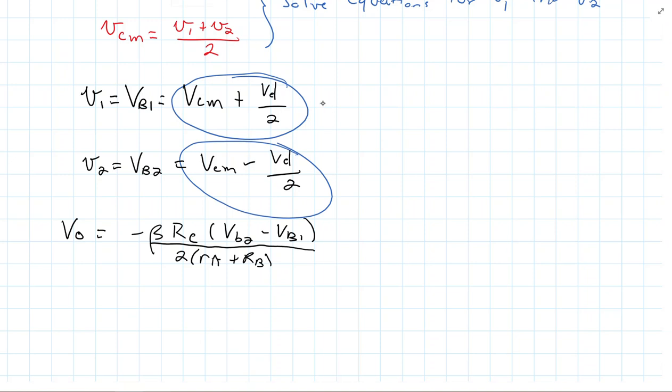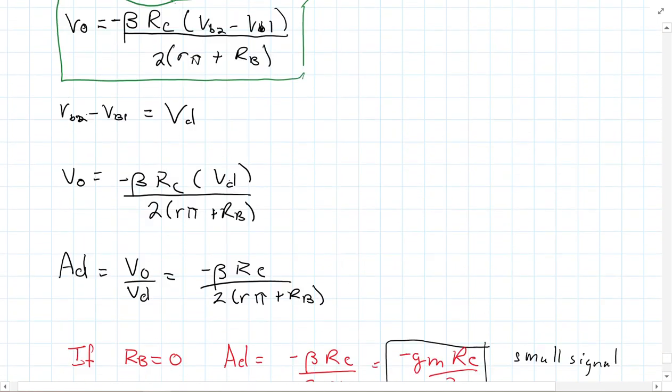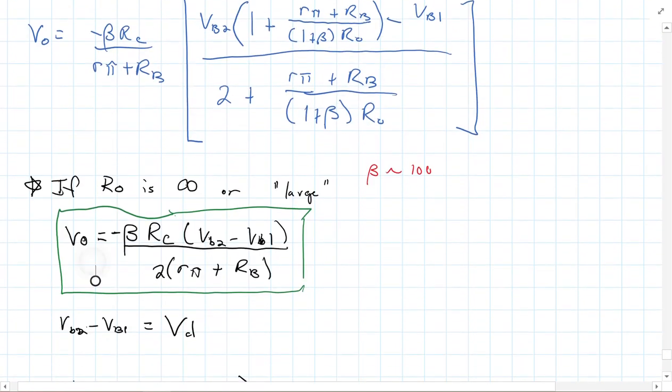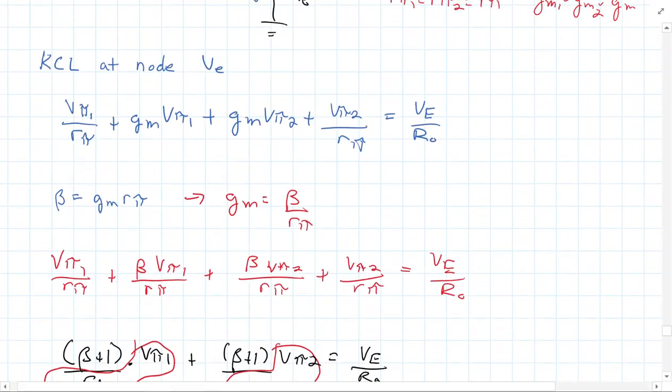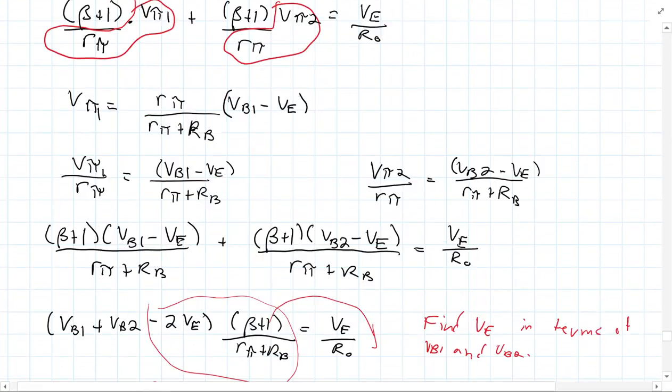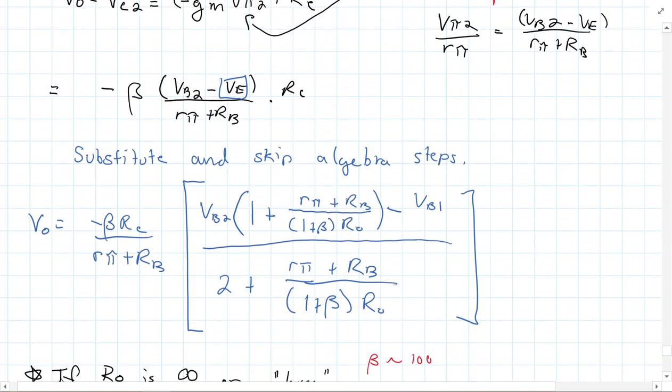I'm sorry, I'm substituting them into the wrong equation here. We're wanting to keep track of the early voltage stuff, so we're not going to do this equation. We're going to do the ugly equation up here. I scrolled over it somewhere. There we go.